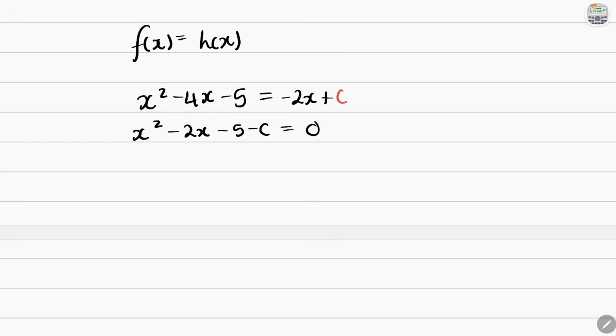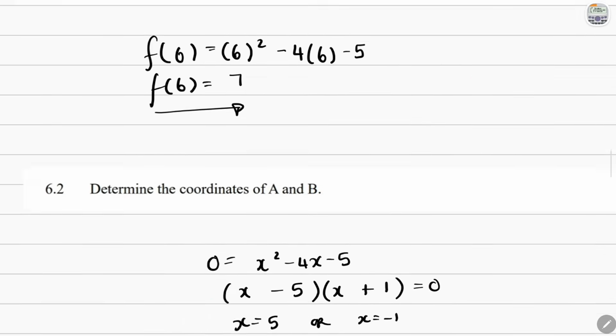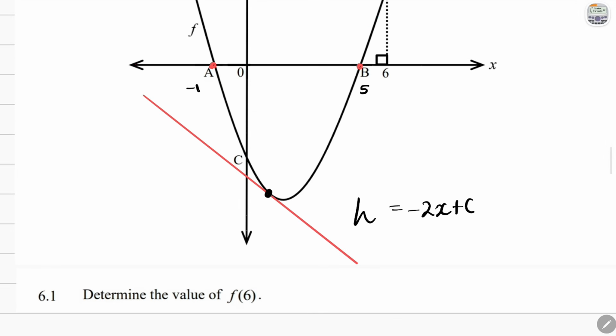Now, you see how we equated those equations, right? So when you solve for x, you're trying to find out the points of intersection between this graph of h and this parabola. But you specifically want there to be one solution, okay? We want to ensure that h only intersects with the graph of f once. That is a tangent to the graph of f, really.